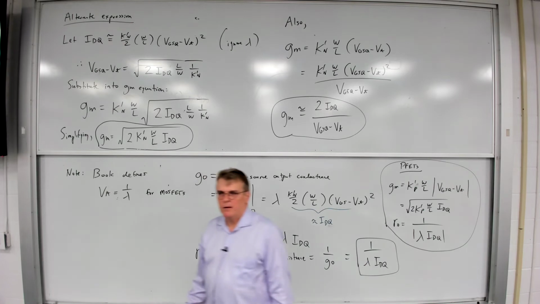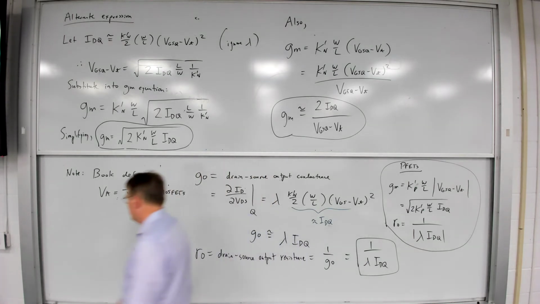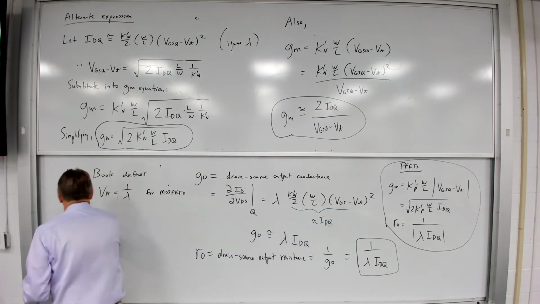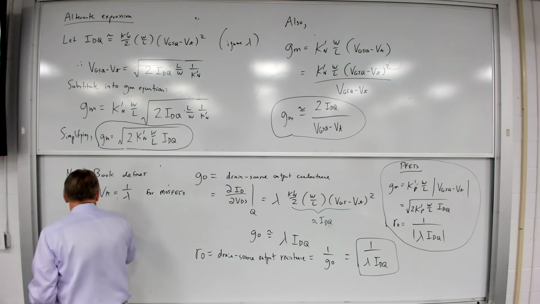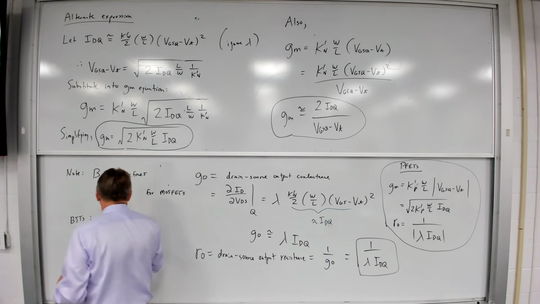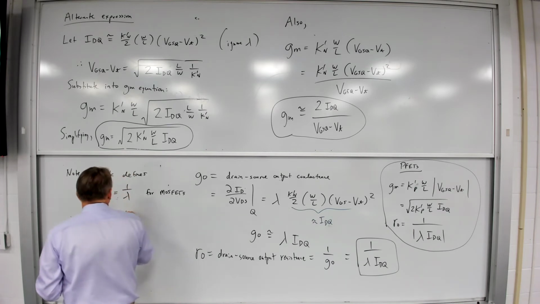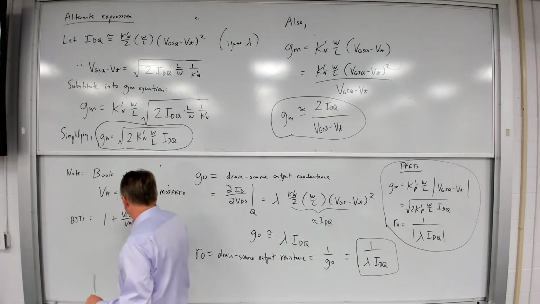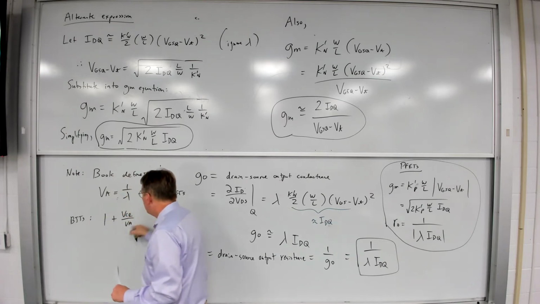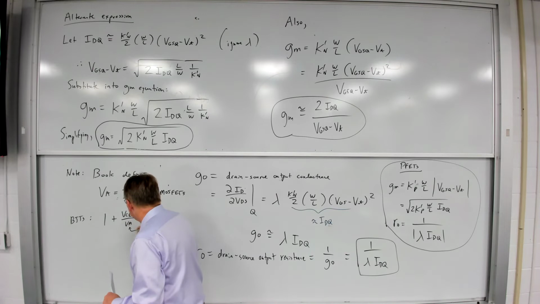Where does this come from? Well, this comes from BJTs. Remember, for BJTs, we had a 1 plus VCE over VA term, where VA was the early voltage.